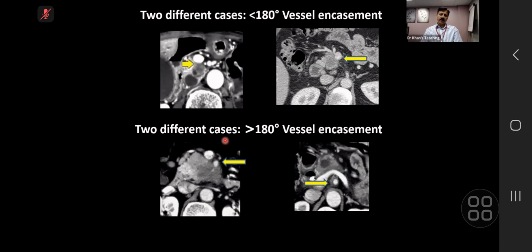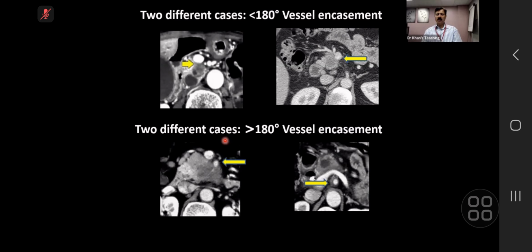And in the exam, you have to tell the examiner why a vessel is involved or encased or infiltrated. The criteria here is more than 180-degree interface between the tumor and the vessel.